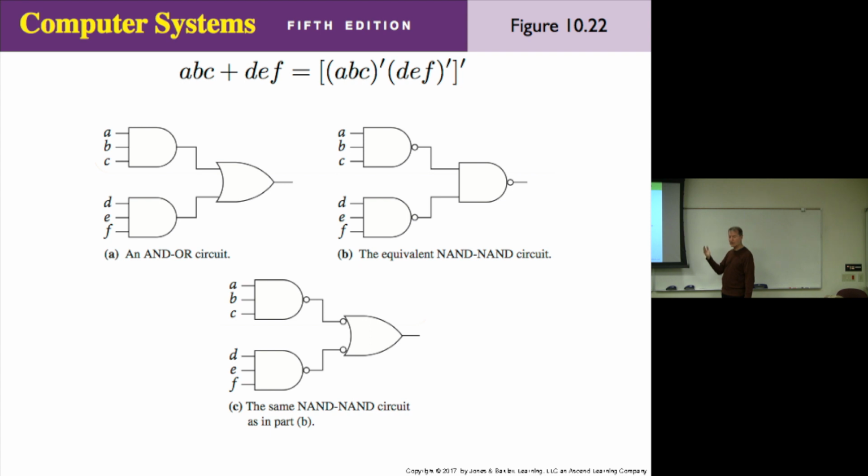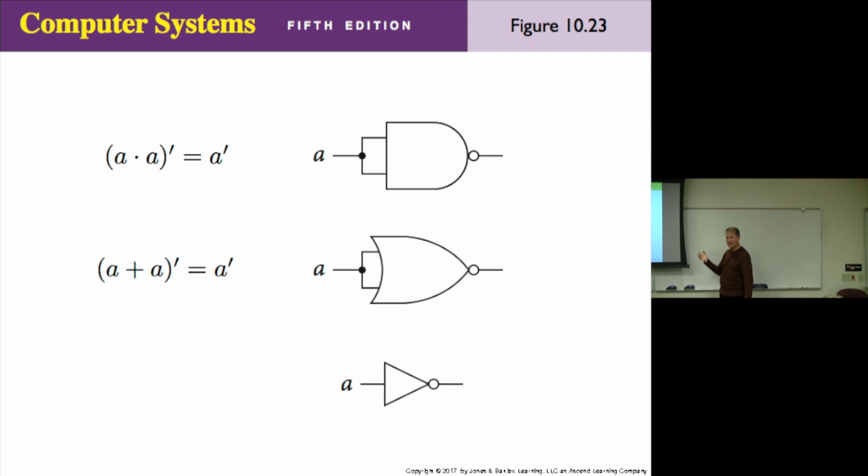And we know that a two-level and/or can be built with only NAND gates, right? And furthermore, in figure 10.23, we also know that you can construct an inverter from a NAND gate. Do you realize what that means?